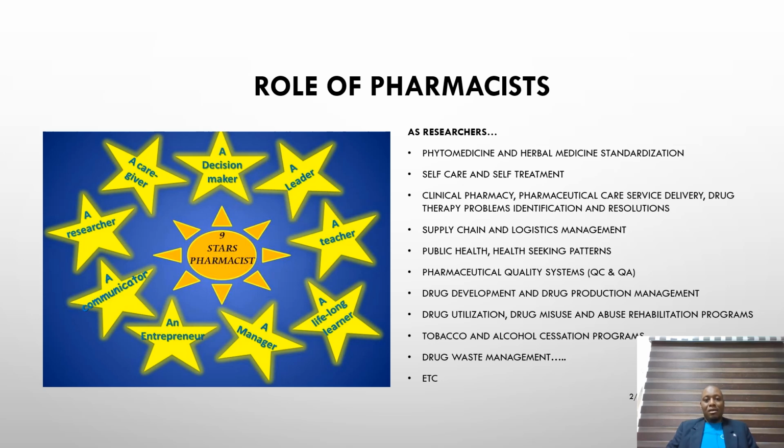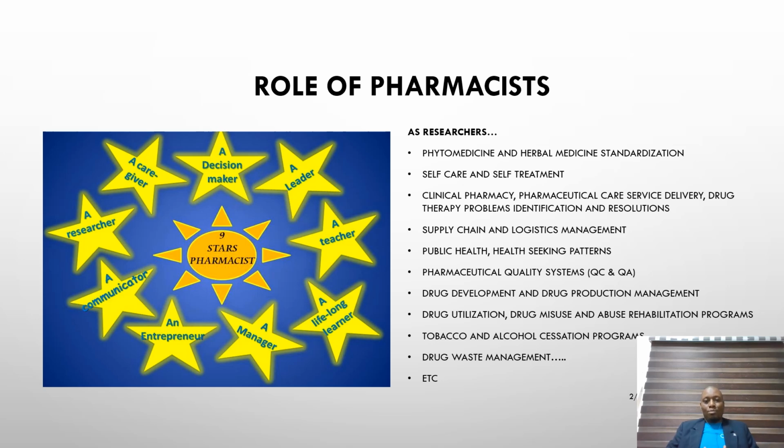Pharmacists are expected to lead in supply chain and logistics management of all regulated products, both medicines, pharmaceuticals, and health commodities. Pharmacists take a leading role in public health and health-seeking patterns.